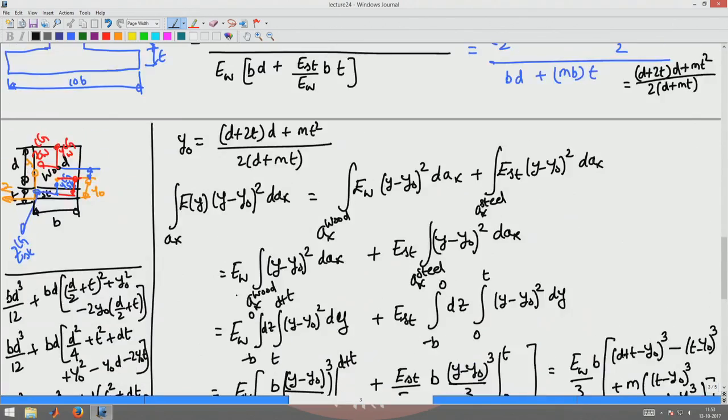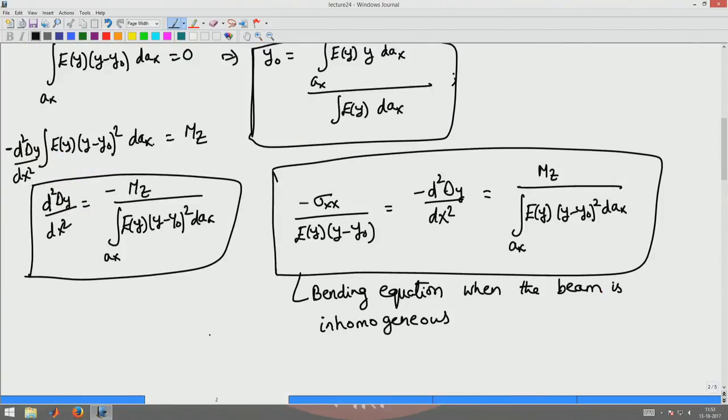So, we have computed essentially the ingredients required to solve the problem. We have computed y₀ for the cross section and this integration for the cross section. The remaining steps remain the same as for the homogeneous cross section. To get Δy, you have to integrate this equation where Mz is a function of x.